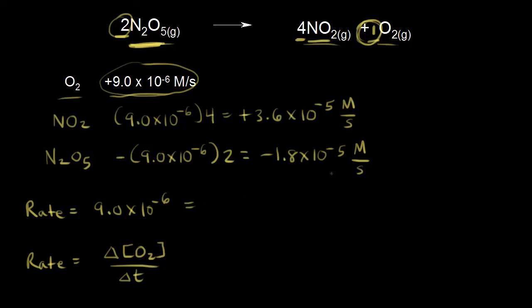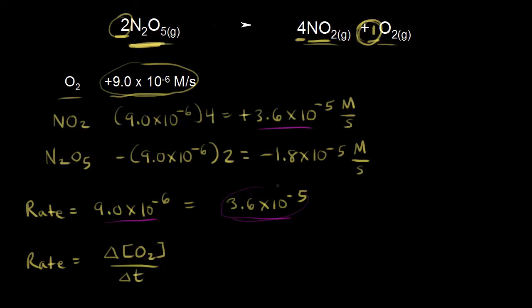All right, what about if we wanted to express this in terms of the formation of nitrogen dioxide? Well, the formation of nitrogen dioxide was 3.6 times 10 to the negative 5. So you need to think to yourself, what do I need to multiply this number by in order to get this number?